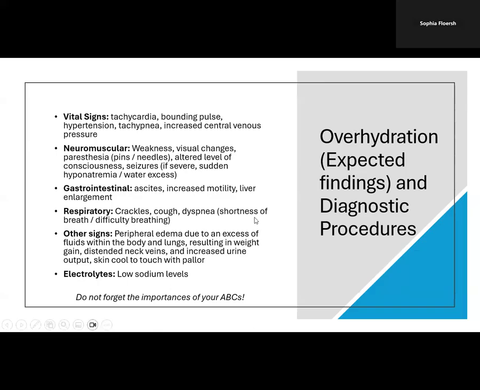Now, looking at all of this, you've got to ask yourself, which ones are the most important? Respiratory, your ABCs. You always want to be assessing your patient at least every 2 hours to see, are they getting better? What do my crackles sound like?